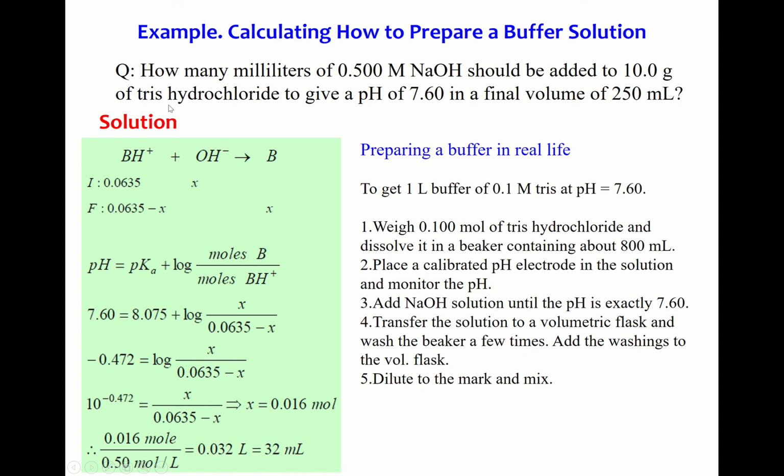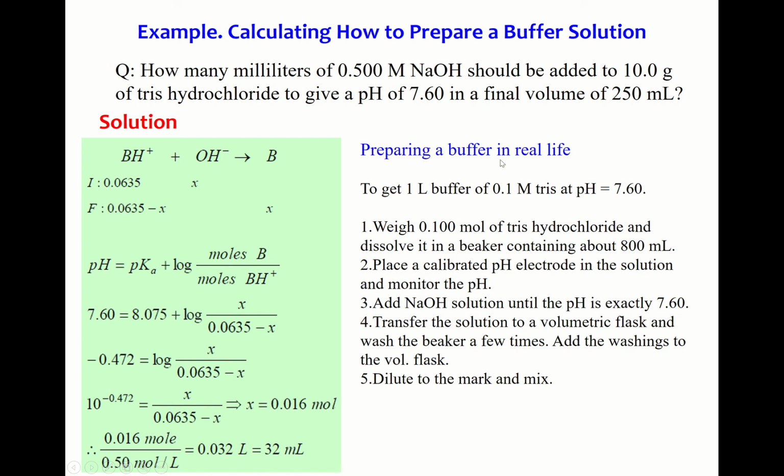In this case, Tris hydrochloride. You don't need Tris, only one component. And to adjust the pH, you need a strong base or strong acid. If you start with Tris, the Tris compound, to adjust the pH you have to add a strong acid, HCl.